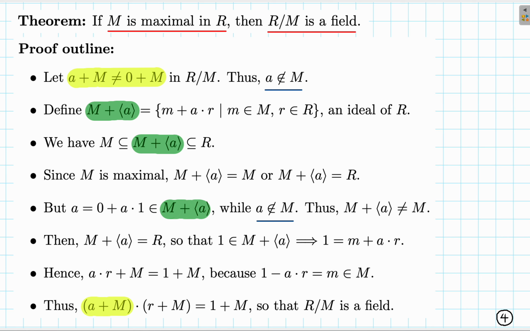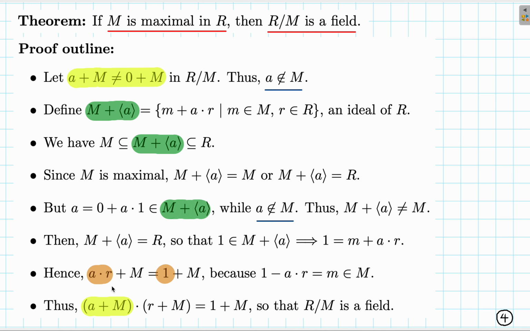And that's because the difference of their coset representatives is 1 minus AR. And by rearranging this equation, 1 minus AR is equal to little m, which is contained in the ideal capital M.